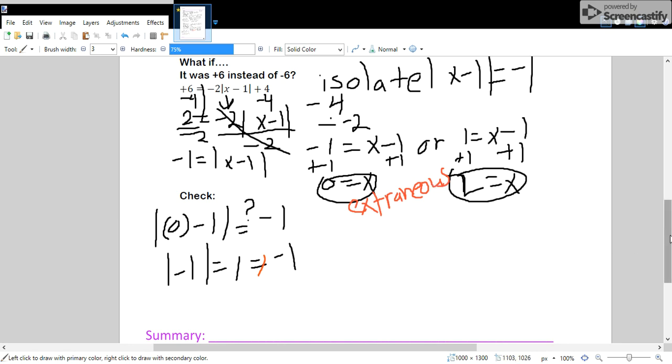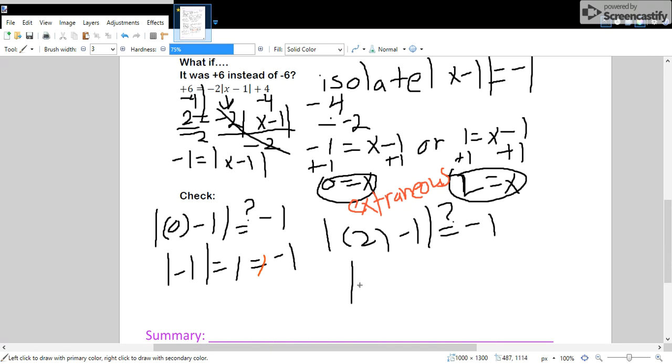Basically, that means that after you check your work, you get a false statement. So when you check your answers, it's not always to check to see if you did the work right. It's to see if it's a real answer or not. Let's see about the other one. X equals 2. Let's plug that in. So, does the absolute value of 2 minus 1 equal -1?